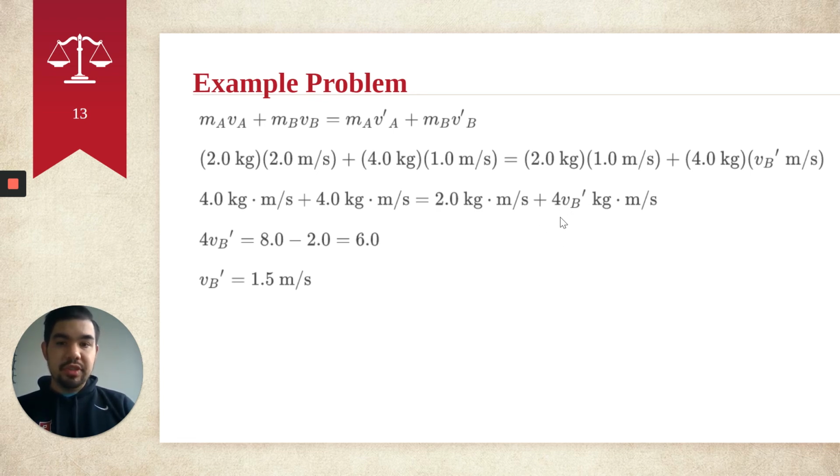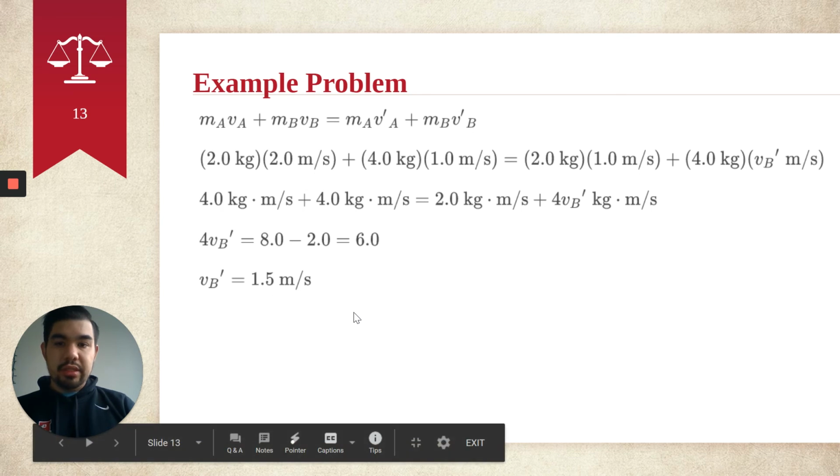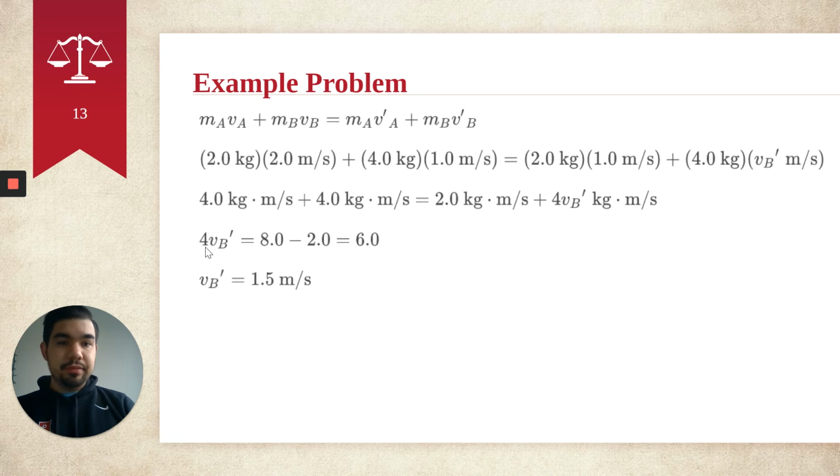It's missing, so we can move some terms around. We got 8 on this side, 2 on this side. We move the 2 over here, so we get 8 minus 2. So we know that the momentum of ball B is going to be 4 times our velocity.